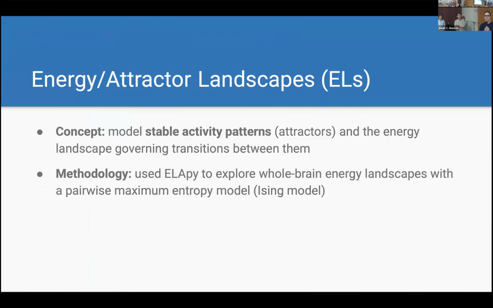Moving into energy or attractor landscapes, the general purpose of this is to model stable activity patterns, or attractors, in the energy landscape, governing transitions between them. We use an Ising model, which is a pairwise maximum entropy model, to look at these.